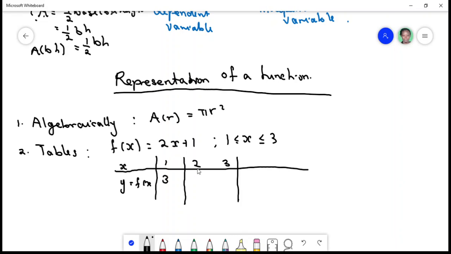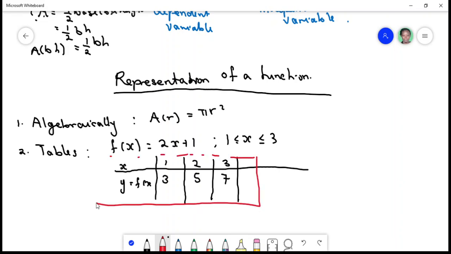Then 2 is 4 plus 1 is 5. Then 3 times 2 is 6 plus 1 is 7. So given just the table alone, you can actually find a rule, which is the function we are talking about. So finding the rule will actually define the function for you.